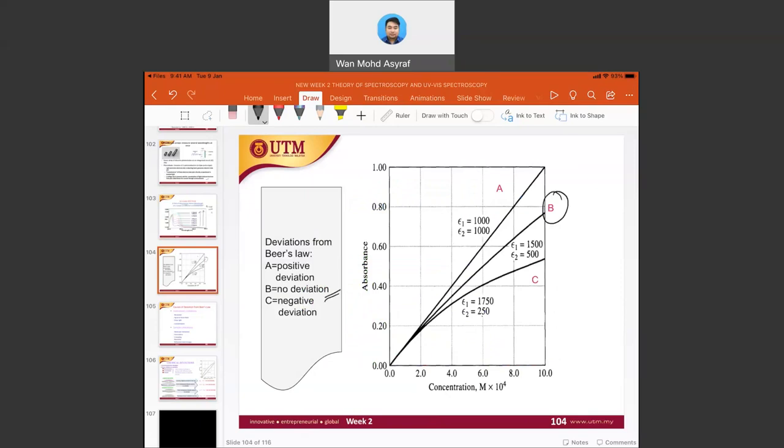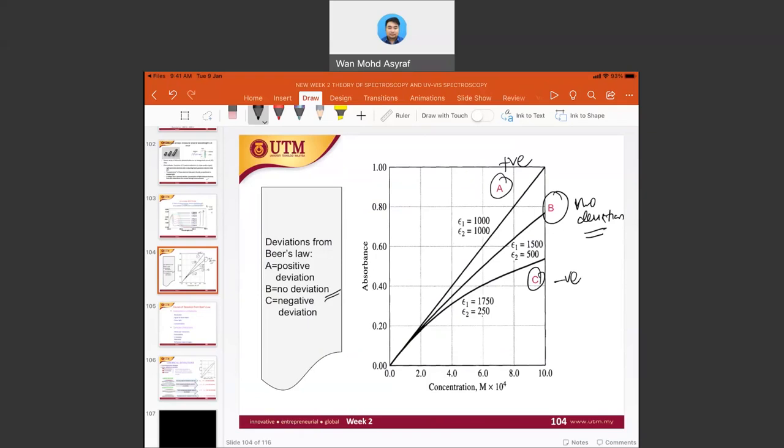But during experiments, we also notice that there are going to be some positive deviations and also some negative deviations, as shown in the graph. So what causes these deviations actually?